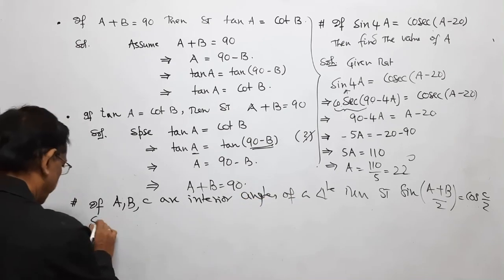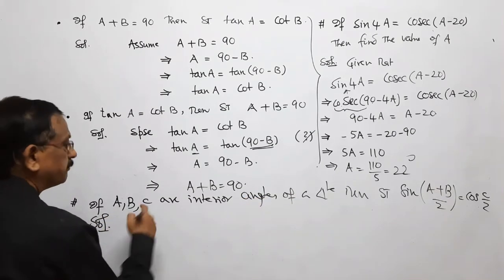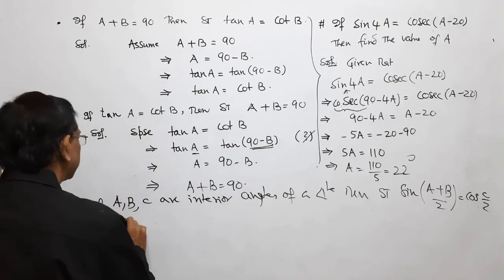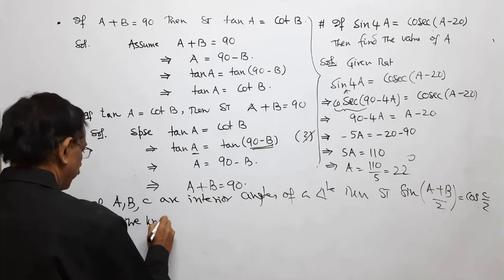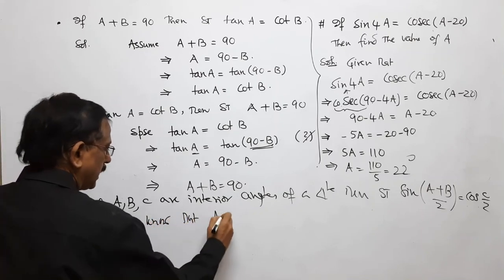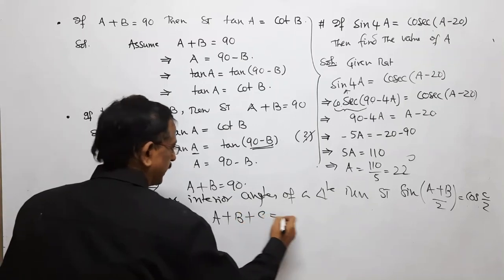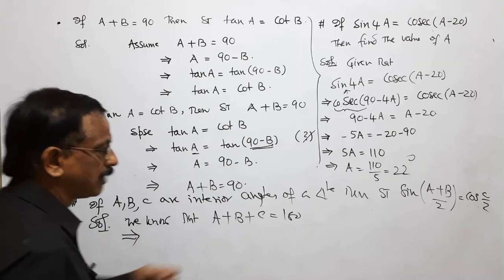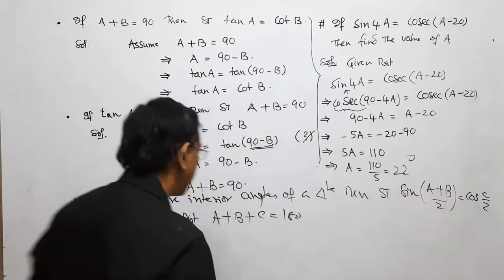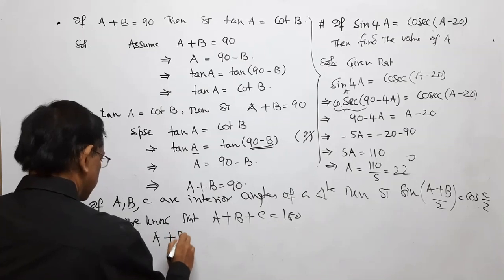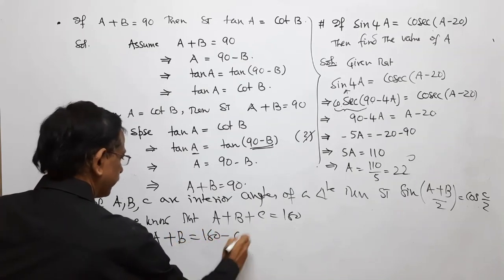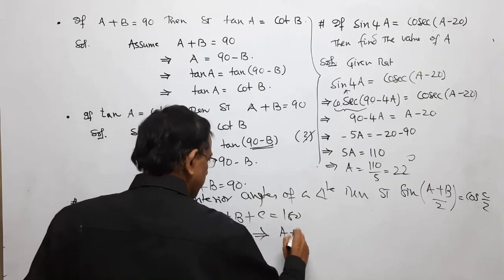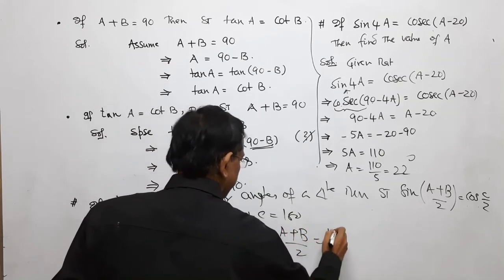The solution is very simple, because we know the sum of interior angles of a triangle: A plus B plus C is 180. This implies I want to evaluate A plus B by 2. So I will keep A plus B here. So A plus B is 180 minus C. So I will divide by 2. So A plus B by 2 is equal to (180 minus C) by 2.